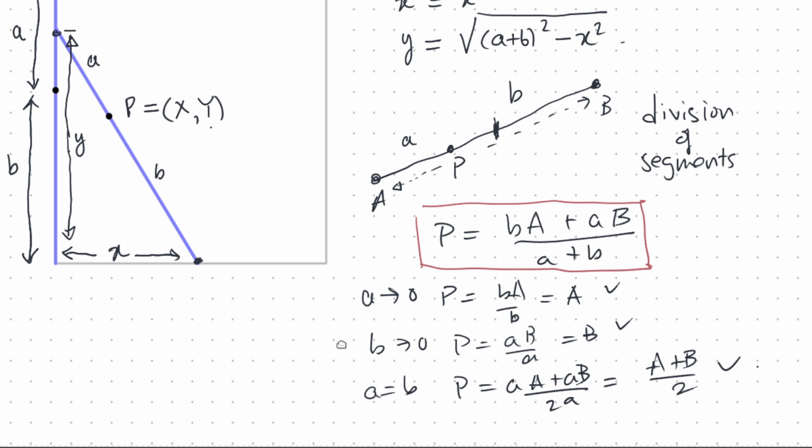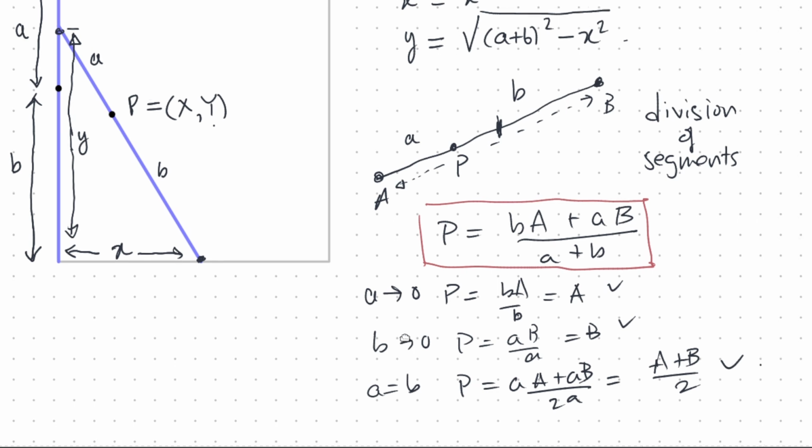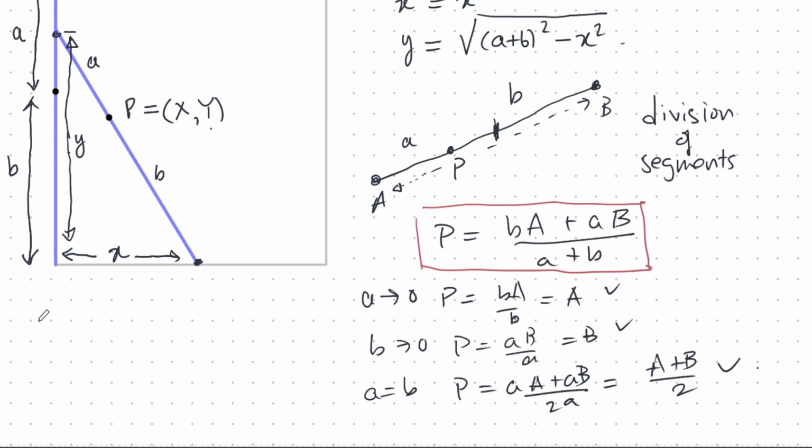It's very, very handy. So we're going to use this now with our X and Y. So let's look at point A. Capital A and B are the endpoints. So capital A is constrained to move only on the y-axis. So this is (0, y).